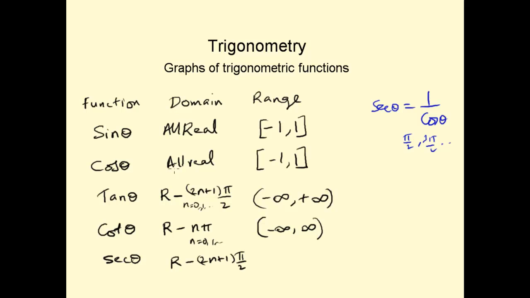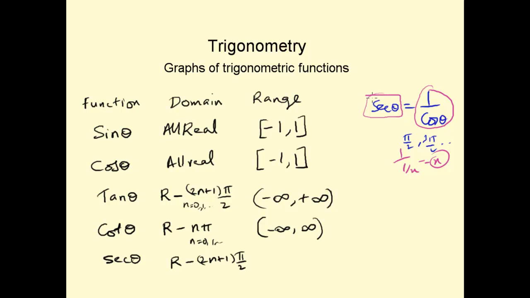Let's see. So the range of cos theta is between minus 1 and 1. If you think about it, if it's between minus 1 and 1, it's all fractions, right? Like 1 over 2, 1 over 3, 1 over 5, 1 over root 2. So 1 over something, either plus or minus. And we know that secant theta is 1 over cos theta. So secant theta can never be a fraction.